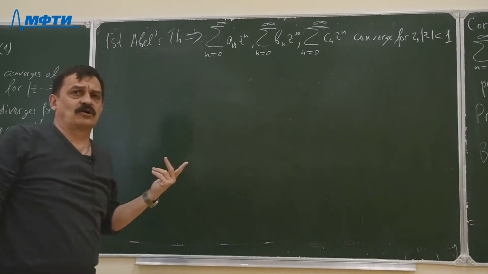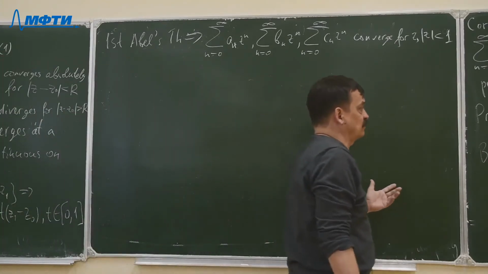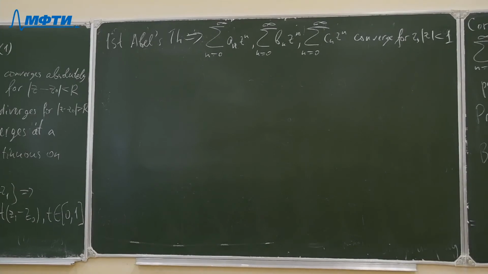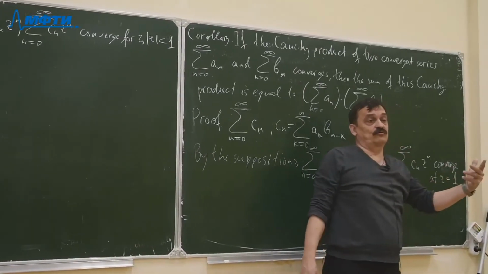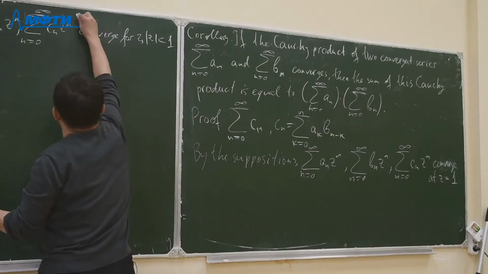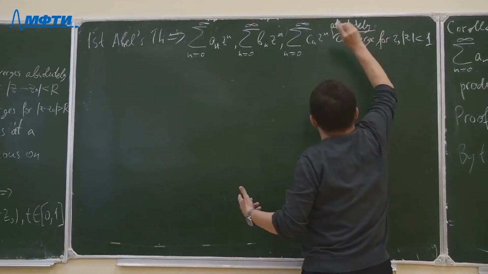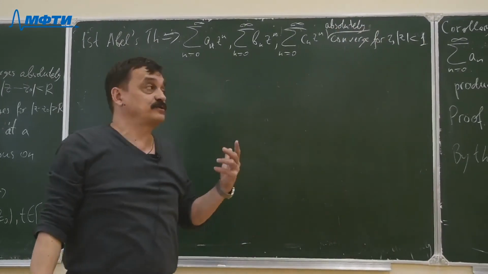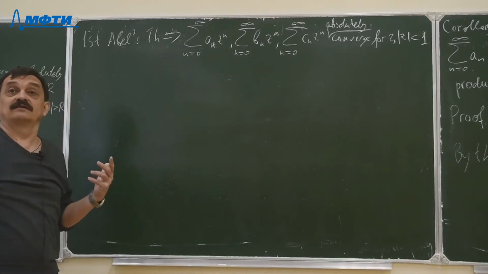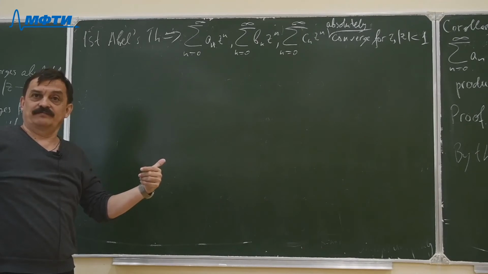Because z naught here is 0, right? The center is at 0. And the first Abel's theorem says that if we have convergence at a point, then for sure we have absolute convergence. That is important for us. They absolutely converge for z such that modulus of z is strictly less than 1, right?